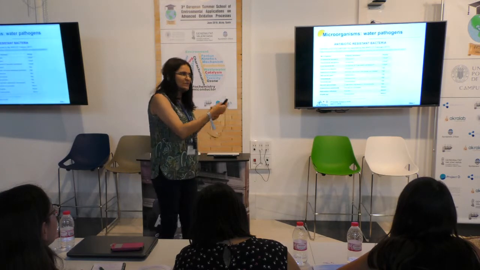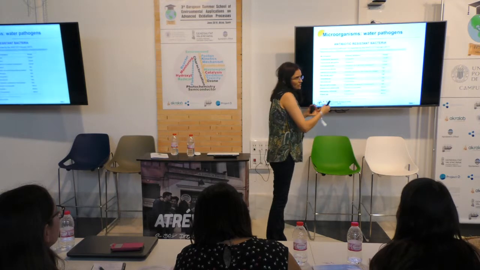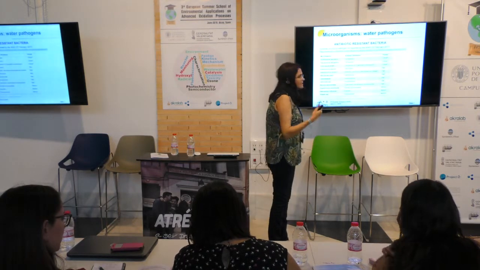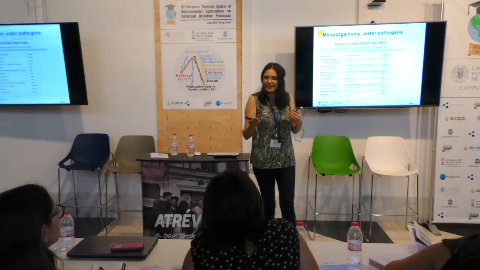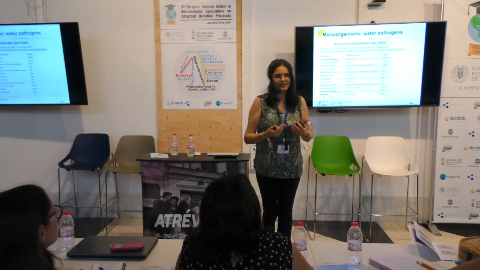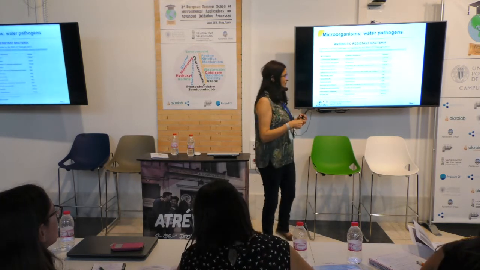And in the last years, maybe 5, 6 years or more or less, we have started to see that in the water, in the wastewater, we have a lot of bacteria that can resist the presence of very low concentrations of different antibiotics.